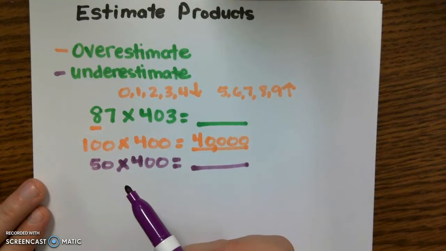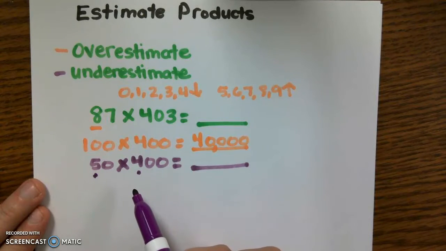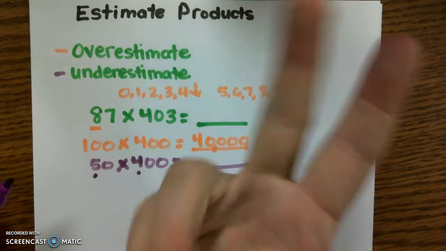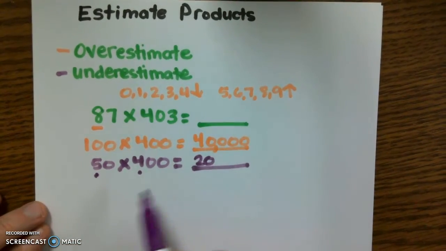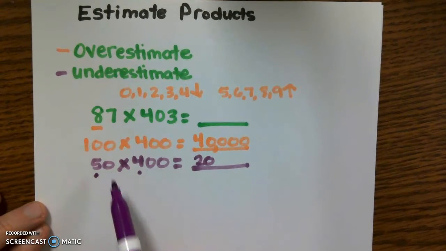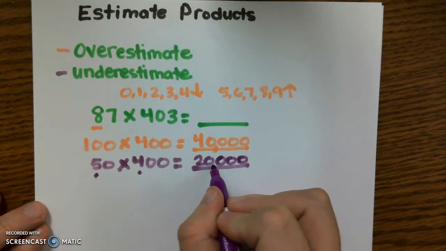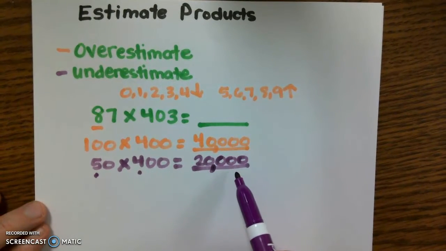But once again, it's easier to multiply because I have two numbers to multiply, 5 times 4. Well, if we know our 5s or can count by 5s, we can say 5, 10, 15, 20. So 5 times 4 is 20. Then all I have to do is count how many zeros are in each number. 1, 2, 3, and place them behind 20. So the lower end, or the underestimate, is 20,000.